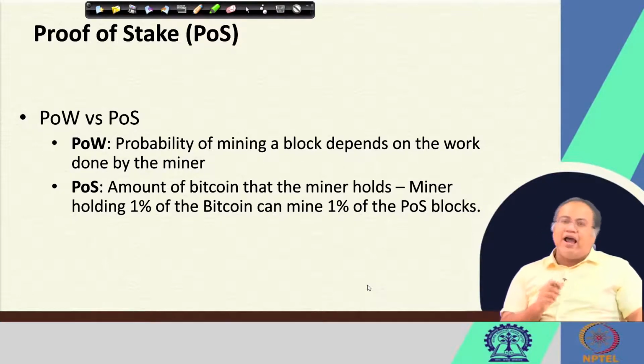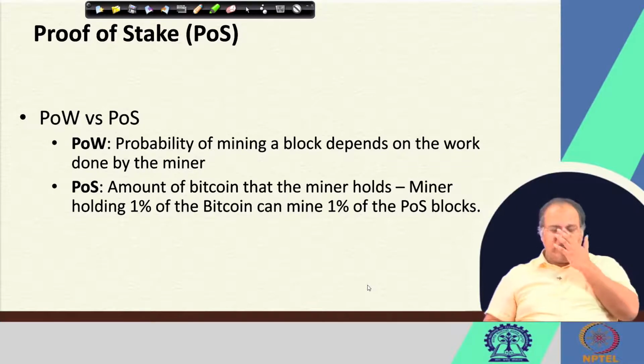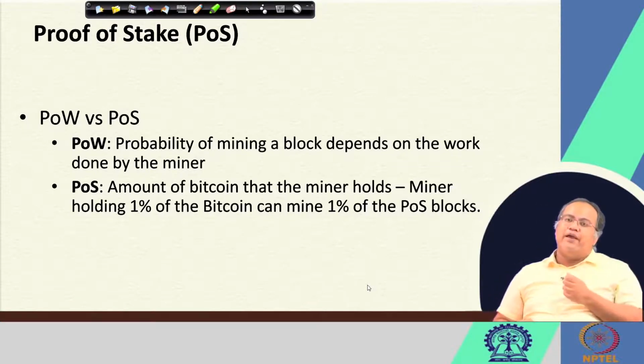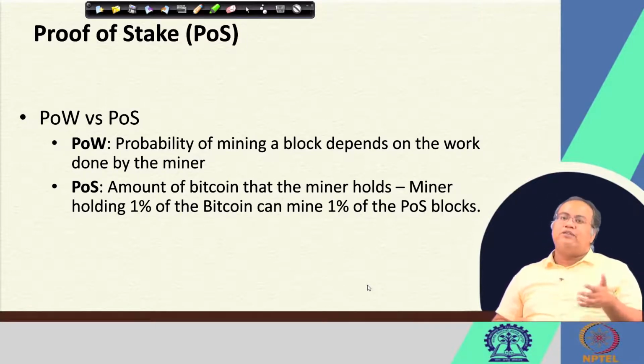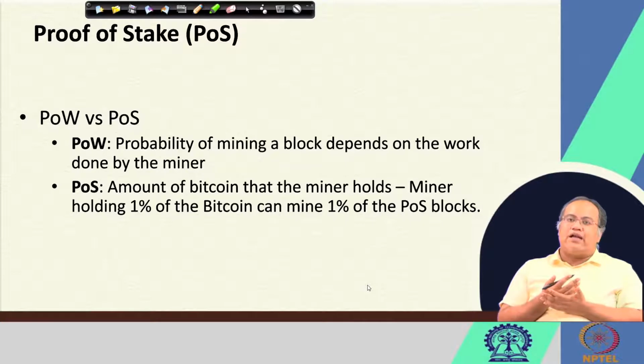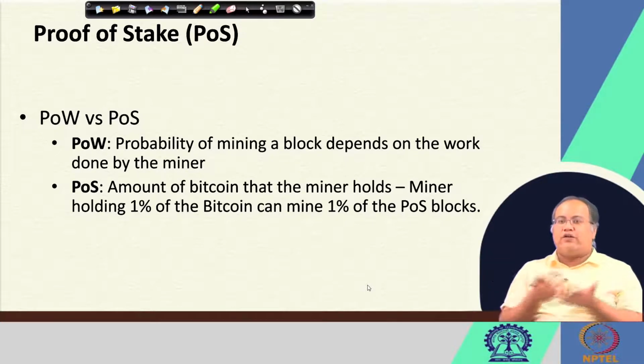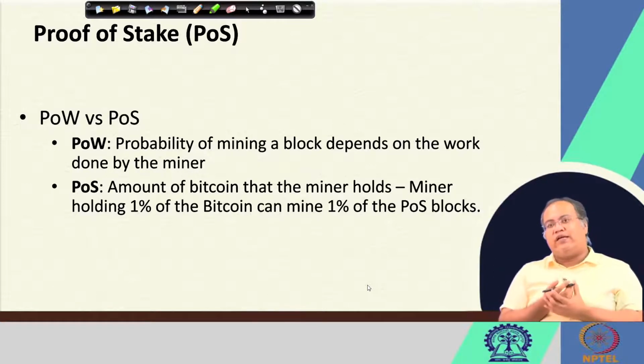So the idea is that once the newly generated Bitcoins are evenly distributed in the community, you give chance to individuals in proportion to the Bitcoins that they possess. It is a more socialist kind of idea that this money has been almost equally distributed across the society.